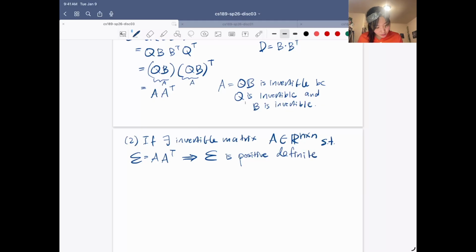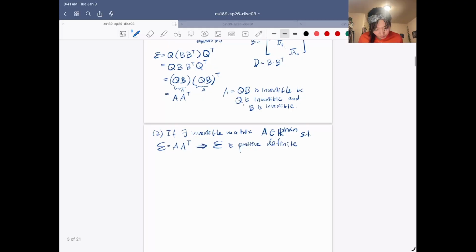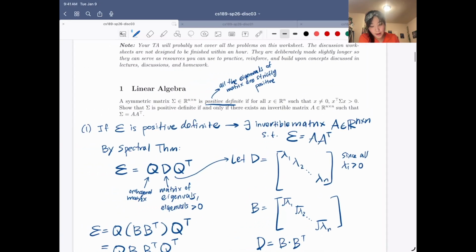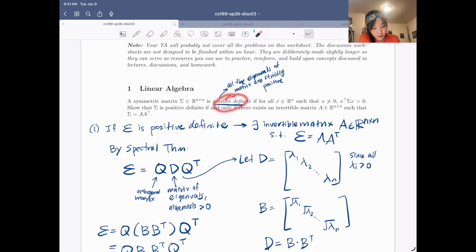And so this approach is going to be slightly different. So we want to show that this sigma is positive definite. In our problem, we are given that a matrix is positive definite if for all x, such that x is not equal to 0, we have this to be true.